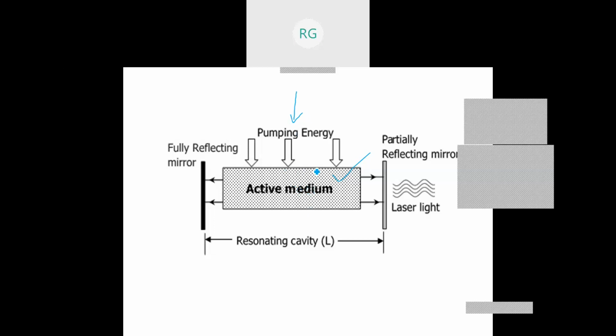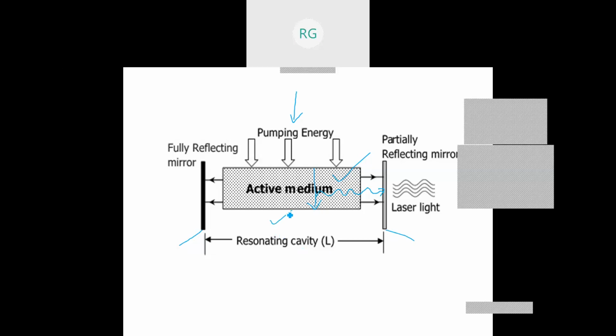Once an atom falls from a high energy level to a lower energy level, it releases a photon like this. And this photon will go and hit a mirror here. And I am keeping another mirror here. There are two mirrors, and between the mirrors, I am keeping the active medium.